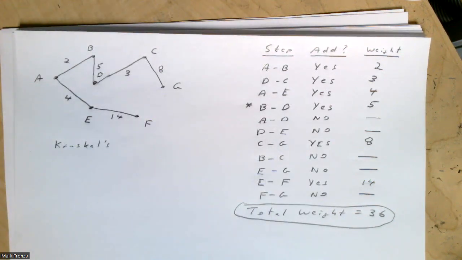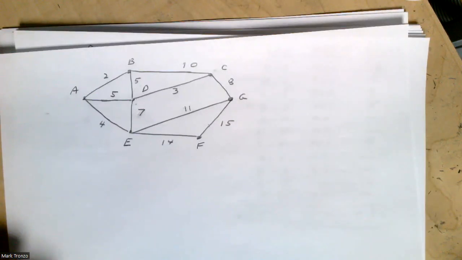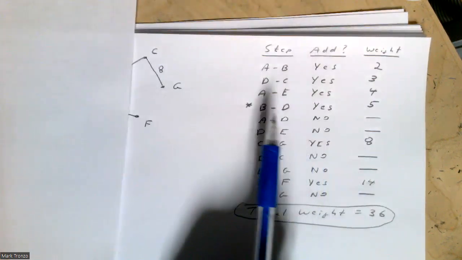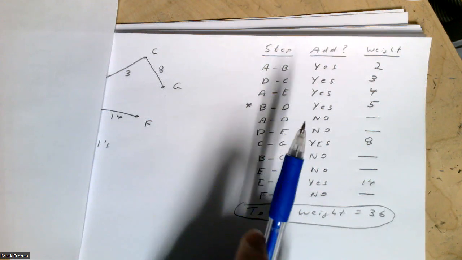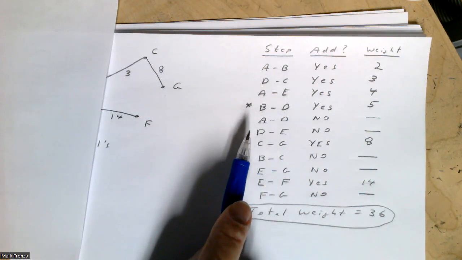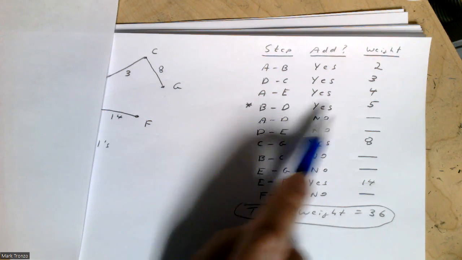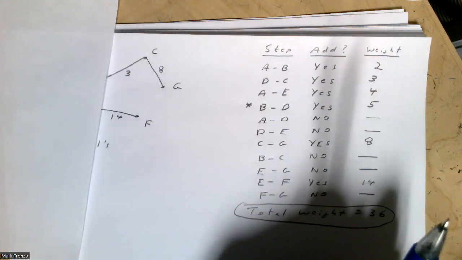So always keep that in mind, that when you have options like this, where you have edges that have the same weights, you could possibly have two different graphs. Now, as I said, from the previous problem, we found that if you end up adding both of them in, then it doesn't make any difference.